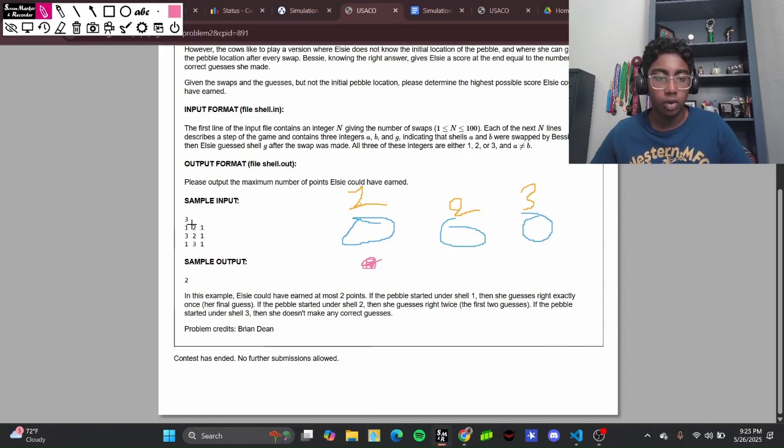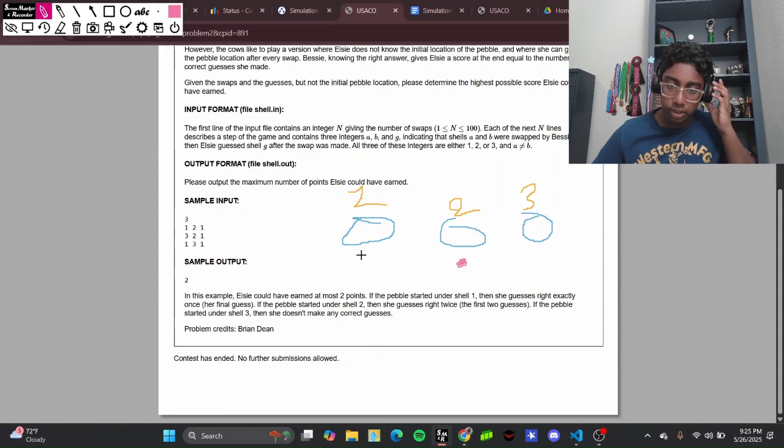First we see that shells 1 and 2 are being swapped, so the pebble that was under shell 1 is swapped into shell 2. Now Elsie guesses that the pebble is under shell 1. This is incorrect because we saw that the pebble just moved from shell 1 to shell 2. So Elsie doesn't get any points.